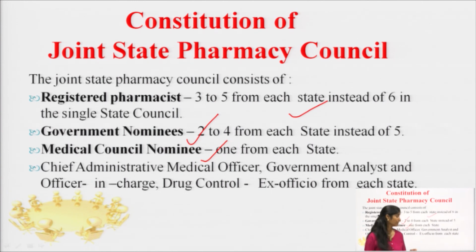Registered pharmacists 3 to 5 in number from each state, मतलब जो दो state के बीच में council बन रही है उन दो की बात हो रही है, या जो हमारे 3 states हैं तो उन 3 की बात हो रही है, तो उनके बीच में 3 to 5 members from each state instead of 6 in a single state council. Government nominees 2 to 4 from each state instead of 5, and a medical council nominee from each state. Chief Medical Administrative Officer, Government Analyst and Officer in Charge Drug Controller, ex officio members from each state. These people compose the Joint State Pharmacy Council.